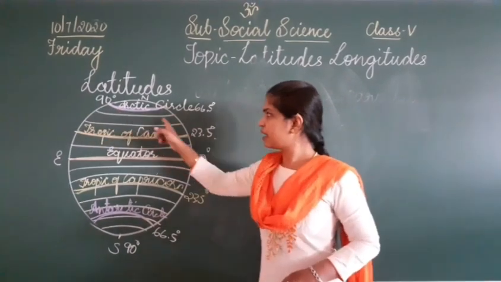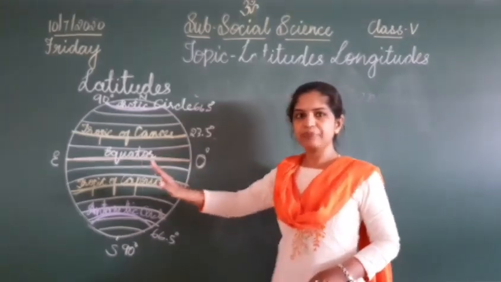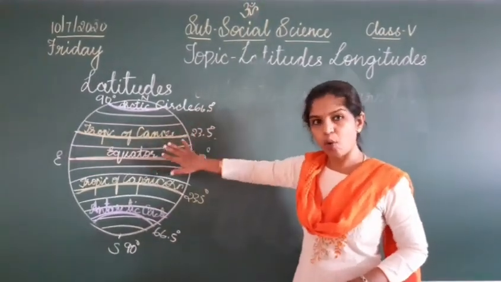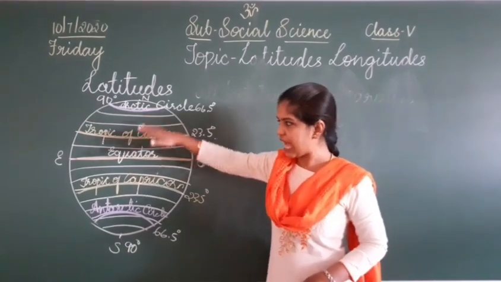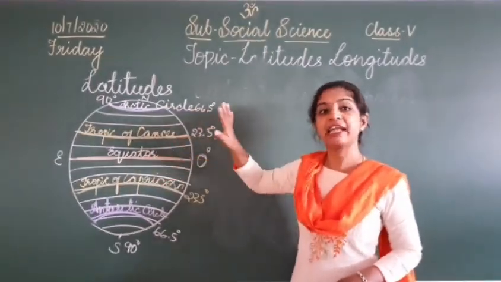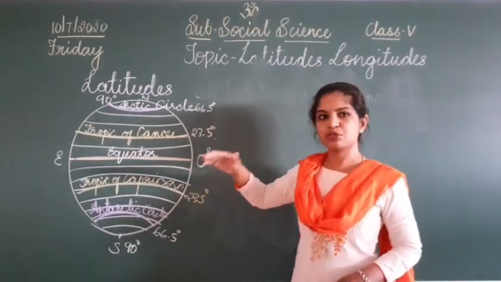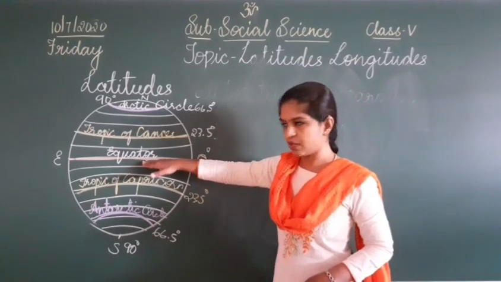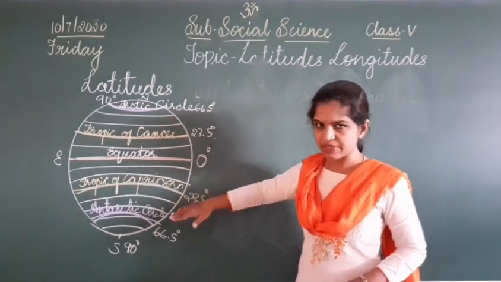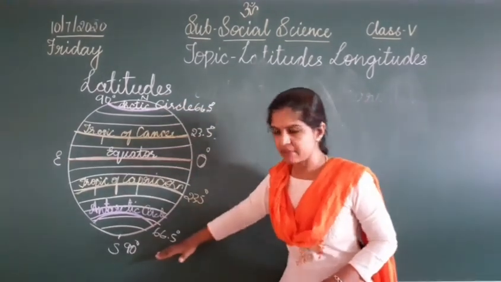So let us recollect whatever we have studied in the latitudes. There are many lines which run parallel to the equator, that is from east to west on the globe, right? In that, we have taken only 5 of them and named them as important lines of latitudes. To begin with, it is the equator, which divides the earth into 2 equal hemispheres, that is northern hemisphere and southern hemisphere.